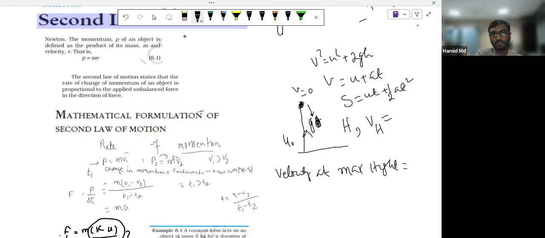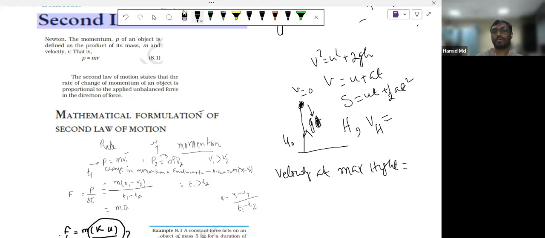Have you studied the rest and motion chapter? Yes, sir. Okay, so these equations are over there. You might have calculated some relations. Sorry, sir. Did you study the rest and motion chapter? Yes, sir. So you might have seen all these relations.